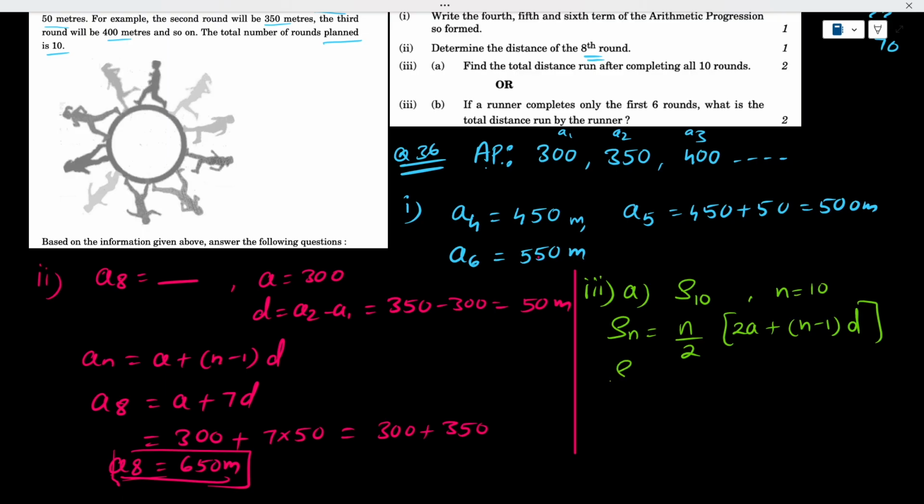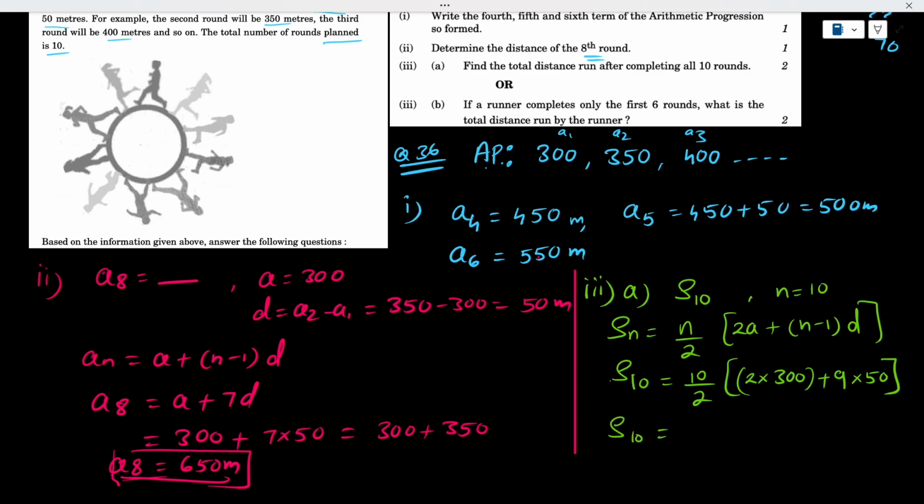So S10 is going to be equal to 10 by 2 times 2 times 300 plus 9 times 50, substituting the values, because d is 50 and n minus 1, 10 minus 1, will be 9.